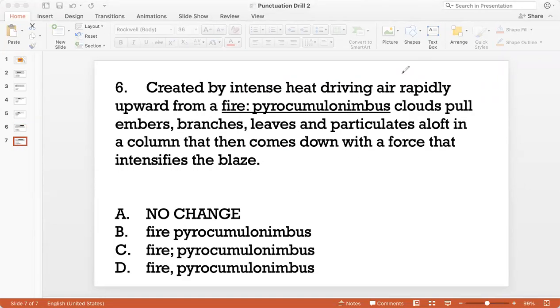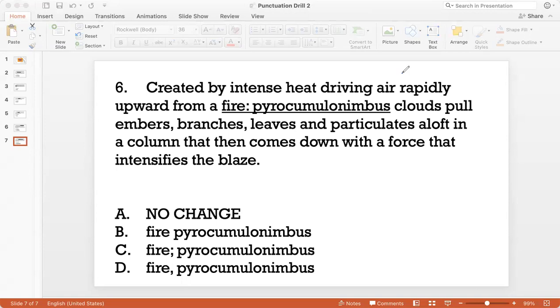Question 6. Created by intense heat driving air rapidly upward from a fire, pyrocumulonimbus clouds pull embers, branches, leaves, and particulates aloft in a column that then comes down with a force that intensifies the blaze.